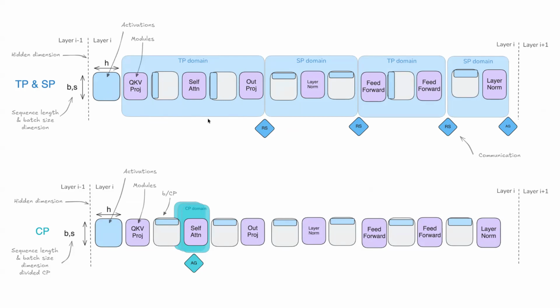And here we can see once again that tensor parallelism and context parallelism, for that matter, is focused on self-attention and FFN. And sequence parallelism is mostly to do the layer norm thing. FFN right here.